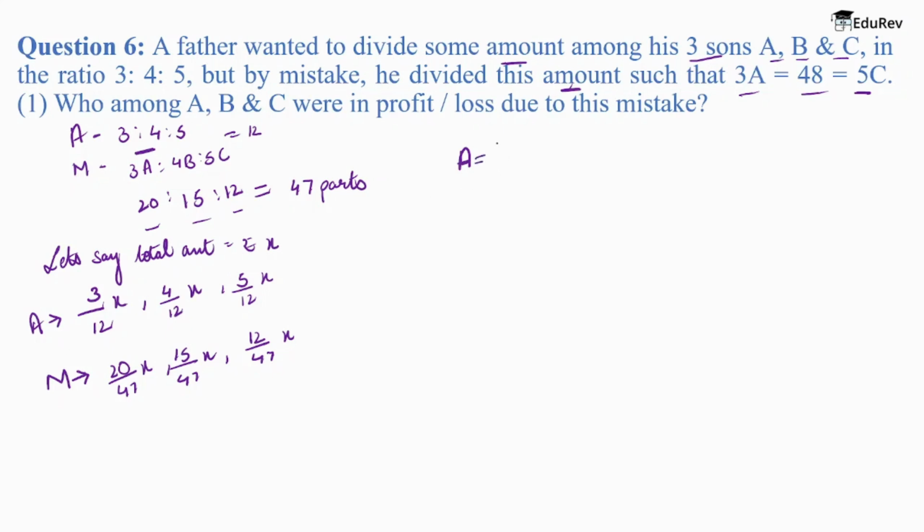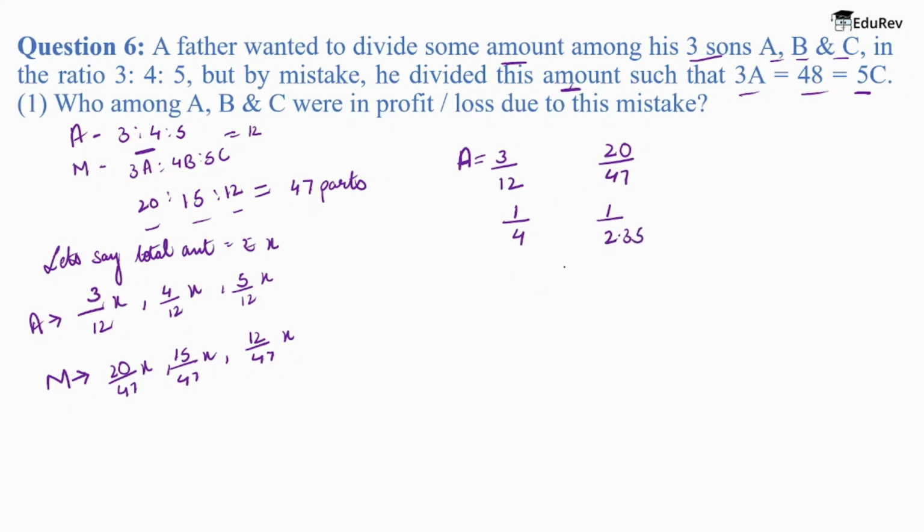So A, the actual ratio for A was 3/12, but by mistake it comes to 20/47. So which one is greater here? This, if you simplify, is 1/4, and if you calculate the other, it will be around 1/2.35.